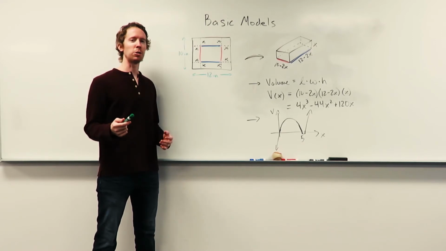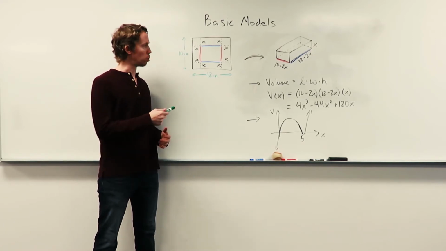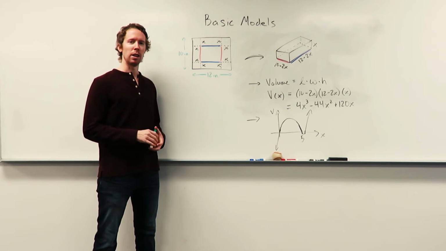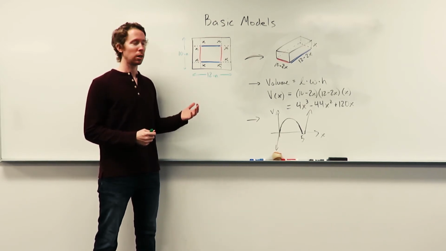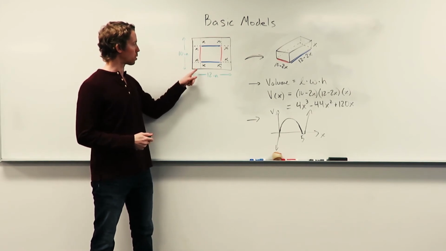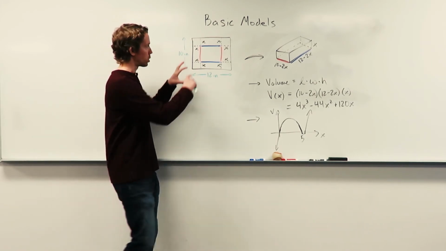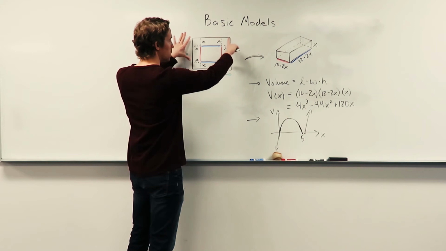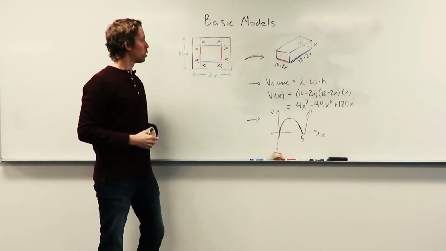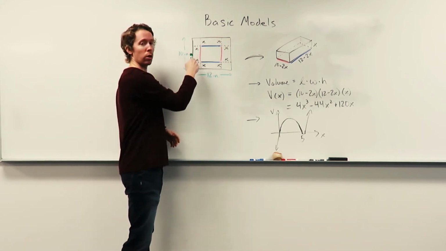The second model I'm introducing you to today is a cubic model, and it's the model of a cardboard box. So let's say we're designing a cardboard box. We have a certain amount of cardboard to start out with. So we're starting out with this rectangular piece of cardboard, and then we're going to make cuts in the corners.